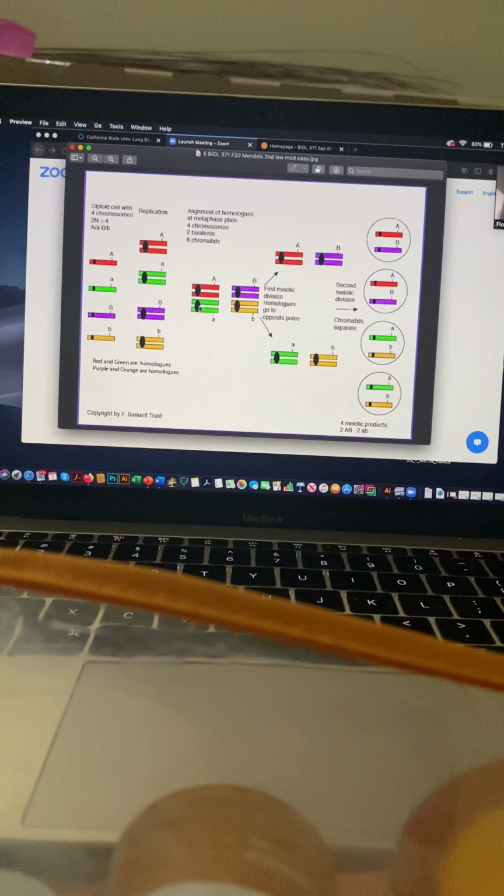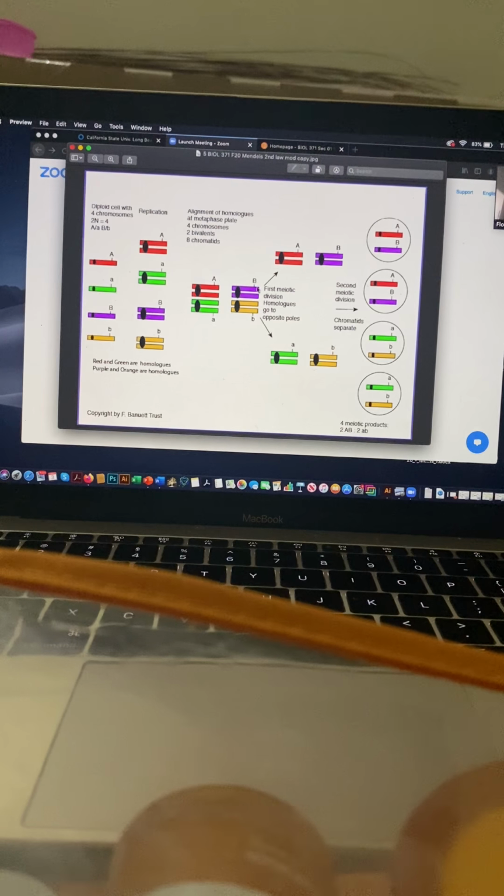So different pairs of homologs align with each other. If you have 10 different homologs, and I don't put 10 here because I'll run out of space, they will be aligning on the metaphase plate like that, each with its homolog.